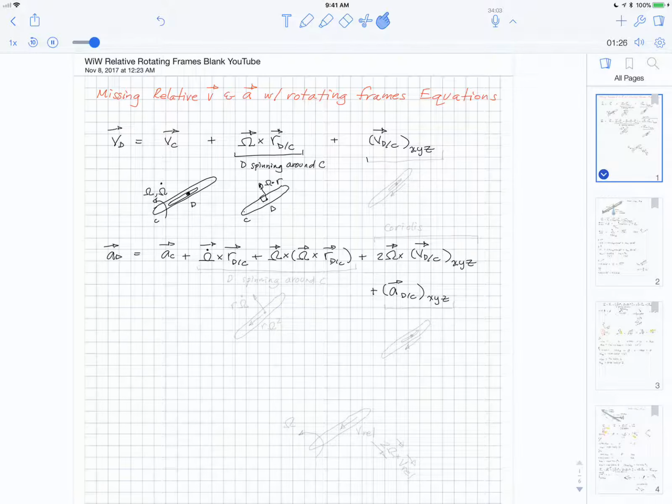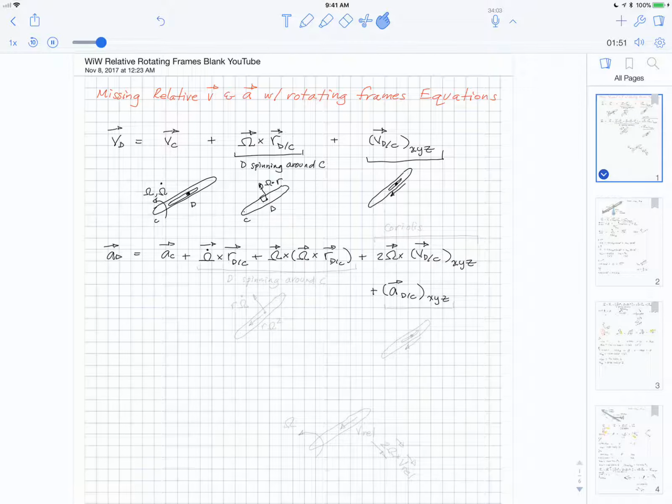This here is VD relative to C in the local rotating frame. That's just a fancy way of saying that's what the camera sees, if you remember the videos. So we had that Godzilla on the skateboard, we had the camera in the middle of the plate, and then we just saw that Godzilla sliding in towards the center.